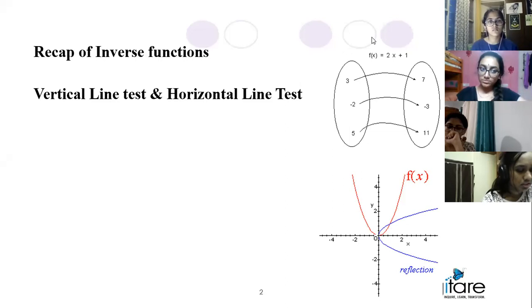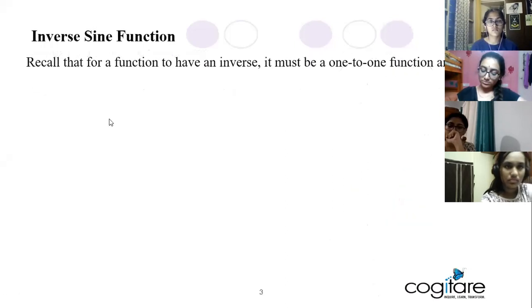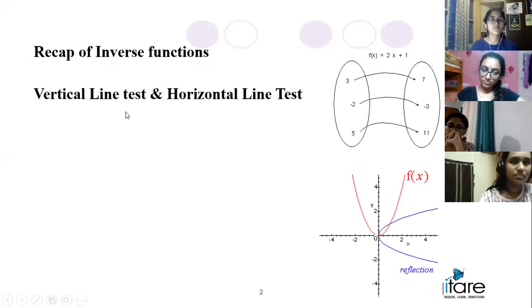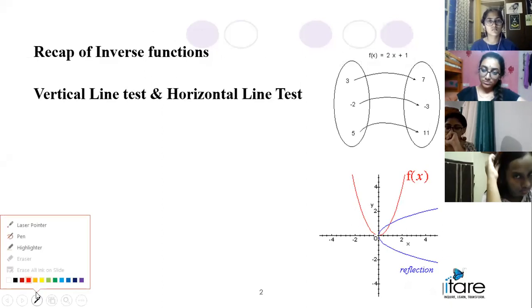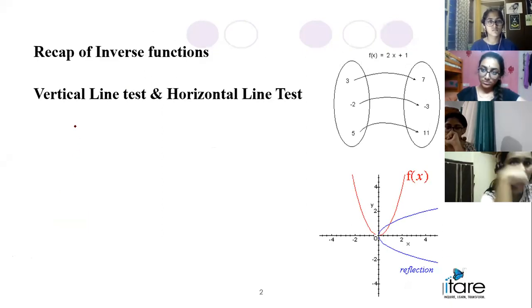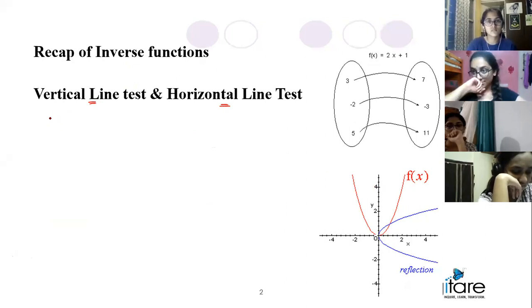So there are a couple of tests that are there. So when you talk about whether your function is having an inverse or not, there are two tests which are called vertical line test and horizontal line test. Okay, so what do you mean by vertical line test? You graph the function.